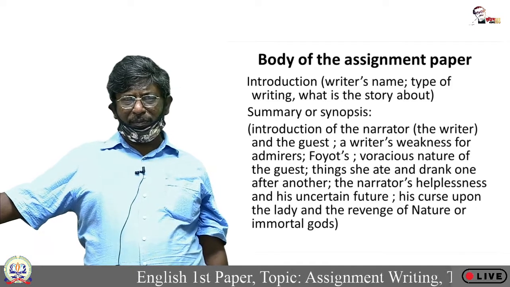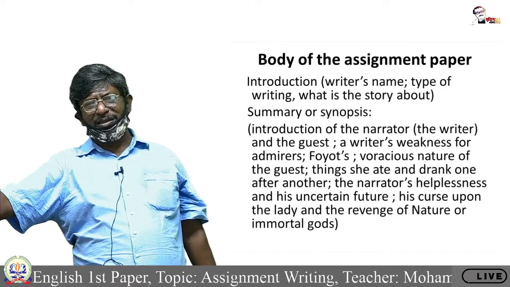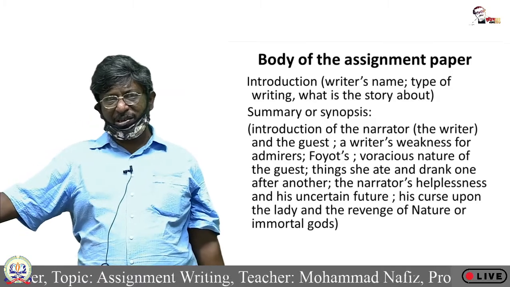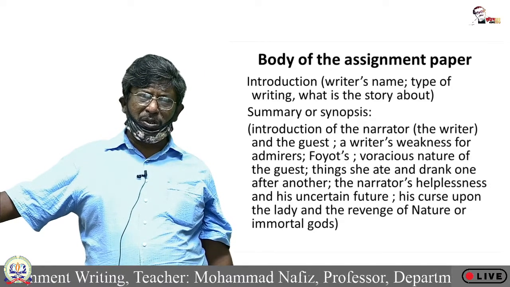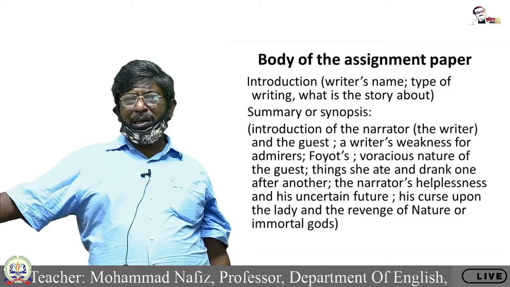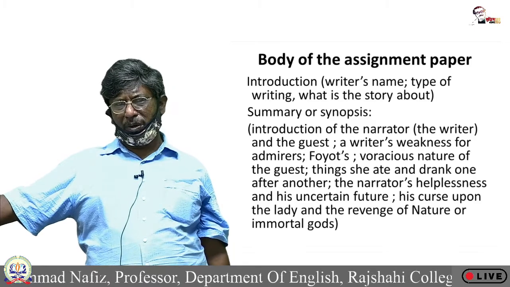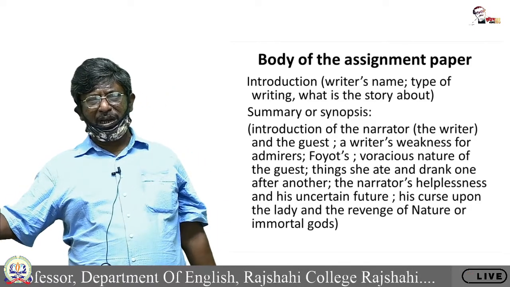At the same time, from the very beginning, we see a writer's weakness. The writer assumes the voice of the narrator, and through the words of the narrator, Somerset Maugham shows a writer's weakness for admirers.